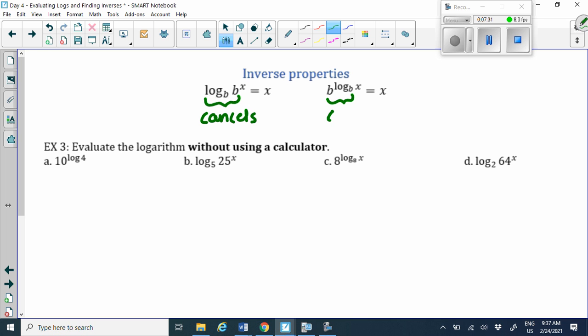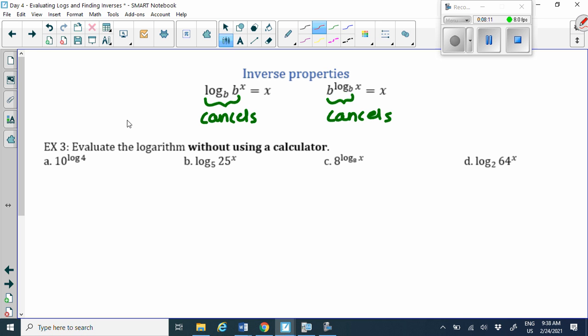We learned that when we did composition of functions and things canceled out, right? So that's what we're doing here. When you have the same base, b and b, they cancel and we're left with whatever is there. Same thing when we have an exponential to a log, whatever is that x is going to be your answer. So we're going to evaluate these logs without using a calculator.